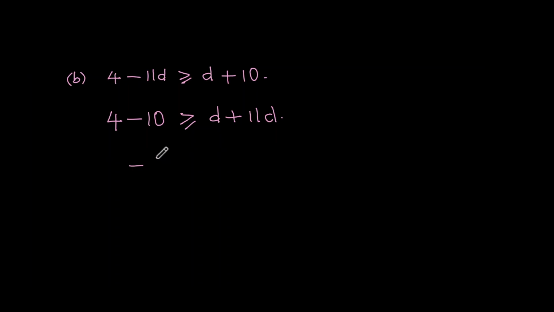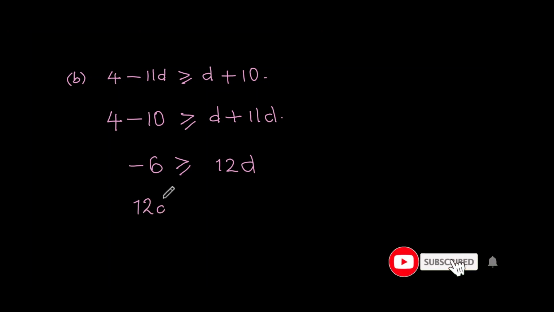have here negative 6 is greater than or equals to 12d. So I can go ahead and rearrange, bringing d here to this side and make sure this sign also changes to less than or equals negative 6 to maintain the same meaning.